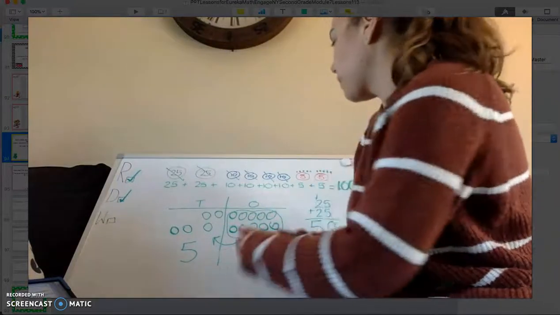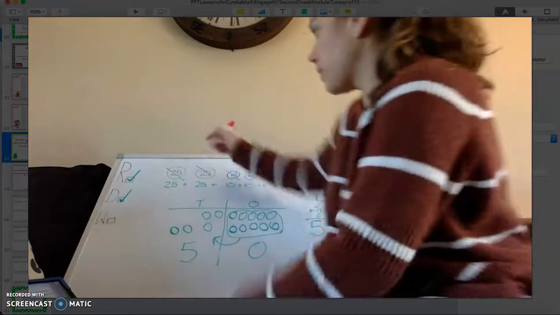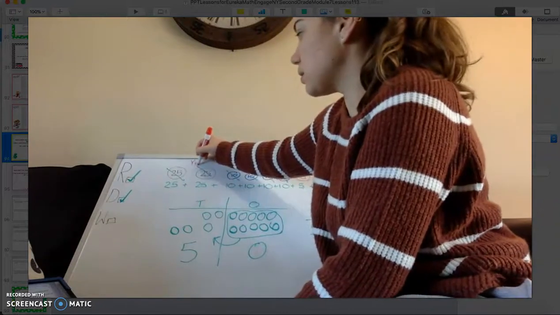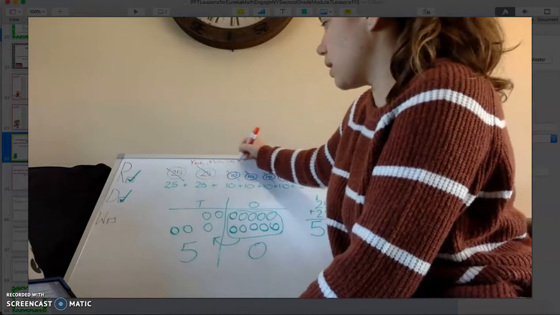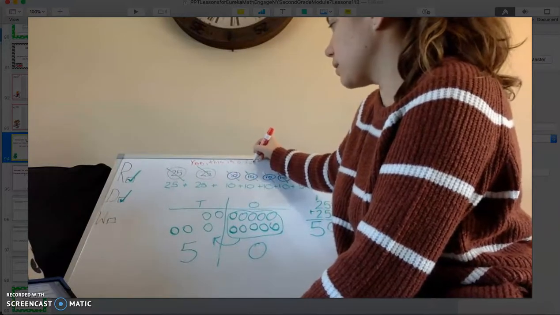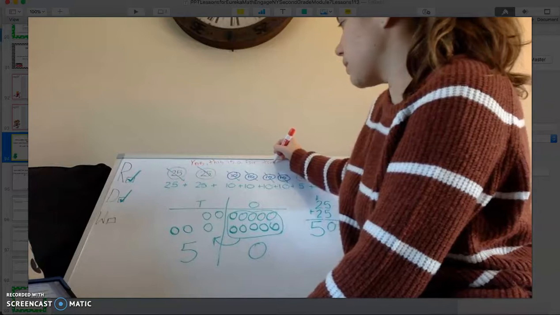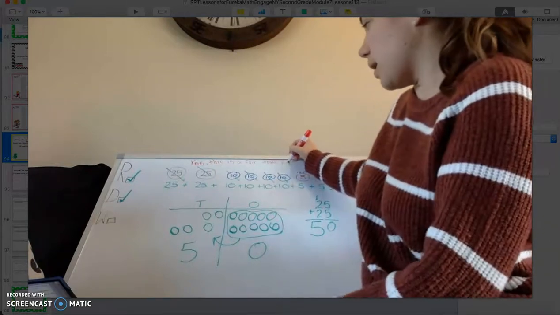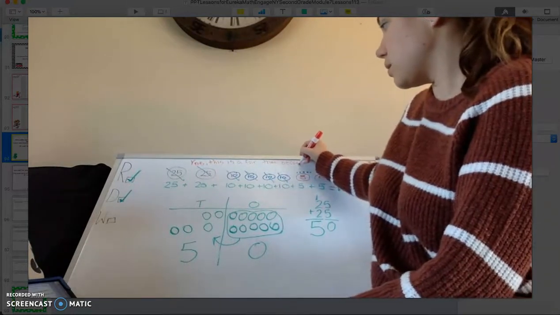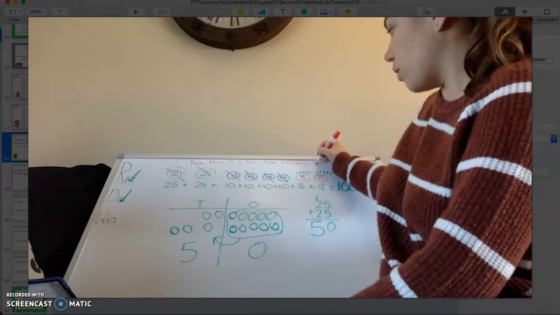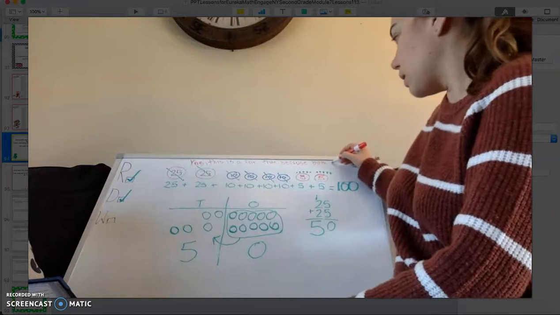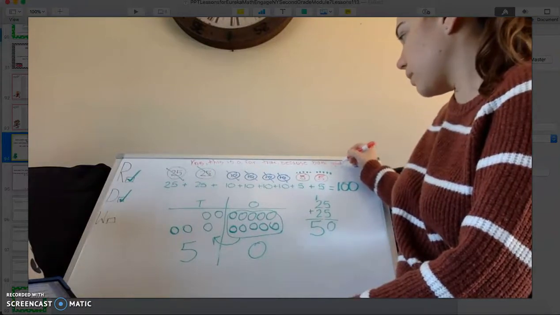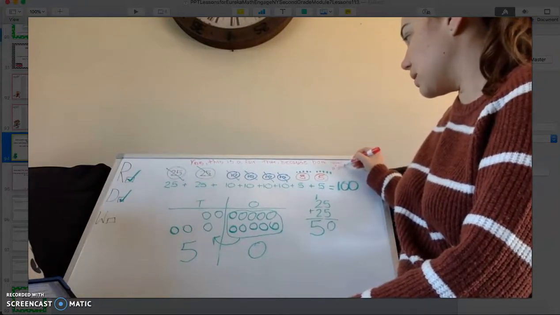So our sentence is going to say, yes, this is a fair trade because both equal $1.